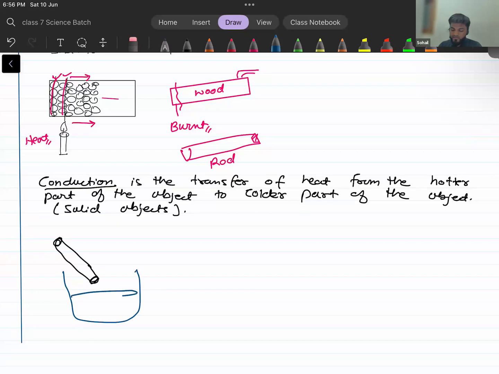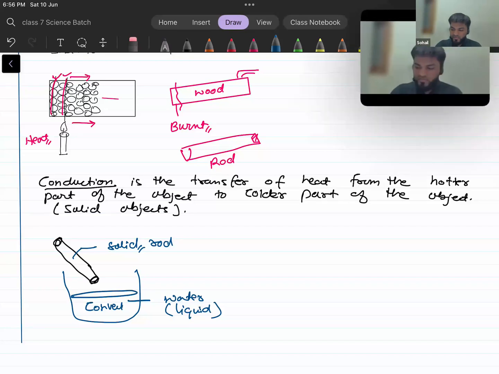No, there will be transfer of heat. This is water, and this is a solid material. When I dip this hot solid rod in this water, the mode of transfer of heat will change because this is a liquid medium. There you will experience that it is convection.